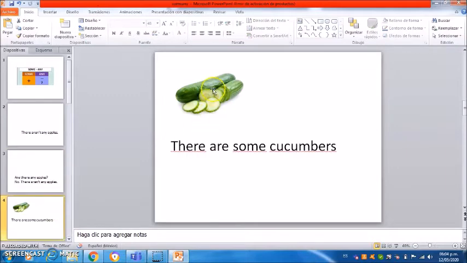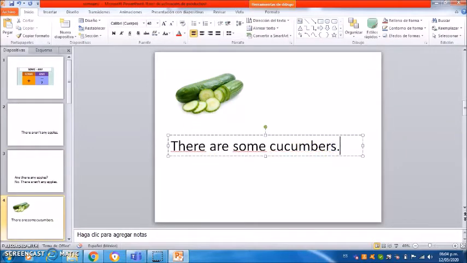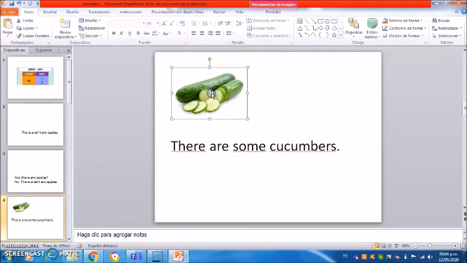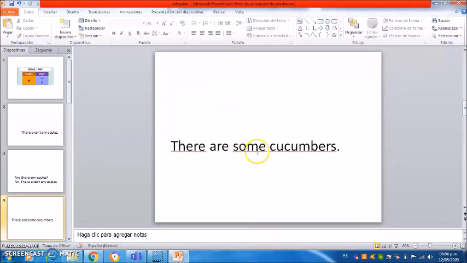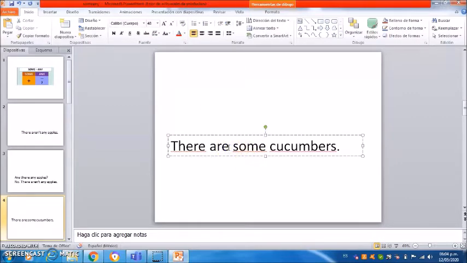One more. There are some cucumbers. We have it. We see. We have 2 cucumbers. But what happens if they disappear? So there aren't any cucumbers. Okay?